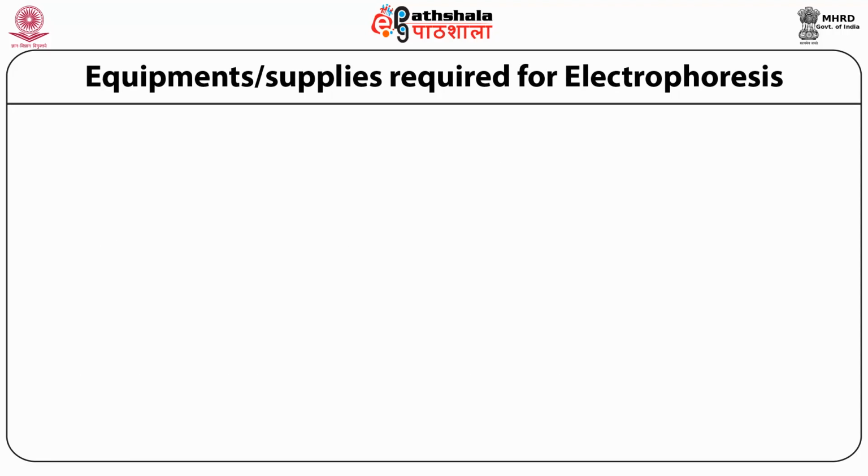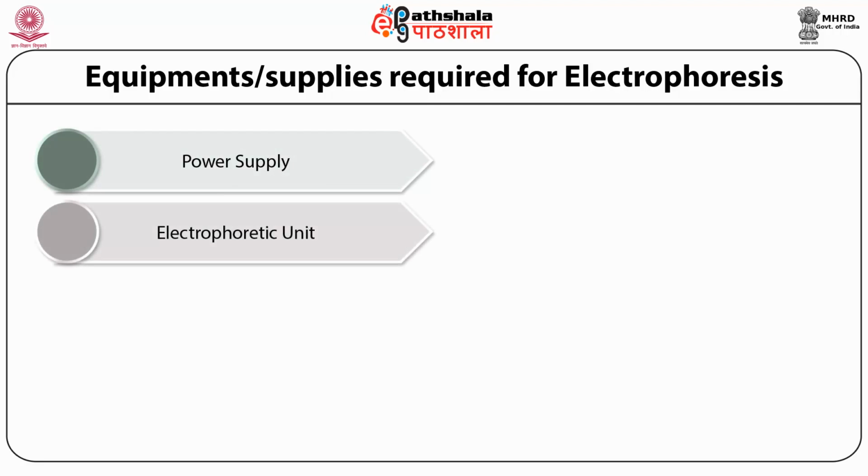When we perform any technique, there are certain requirements. Here are some of the most essential requirements for conducting electrophoresis. It includes a power supply and electrophoretic unit. Naturally, it is different for different kinds of electrophoresis, which we will be covering in other modules. It requires dispensers.